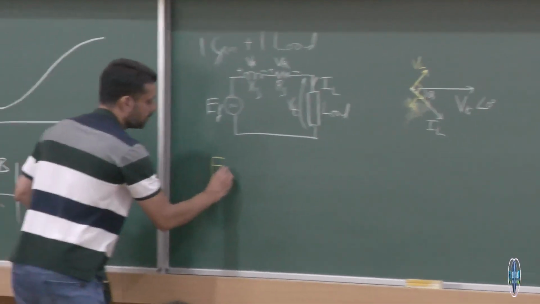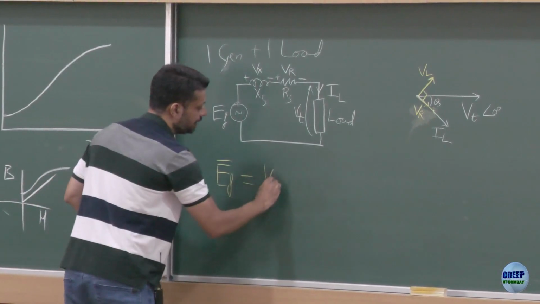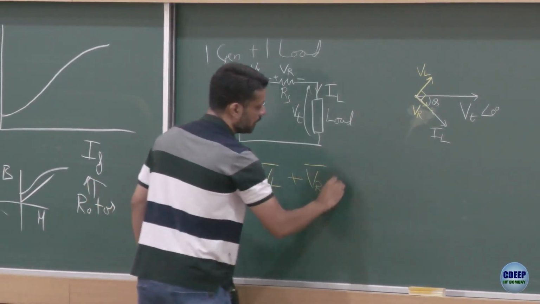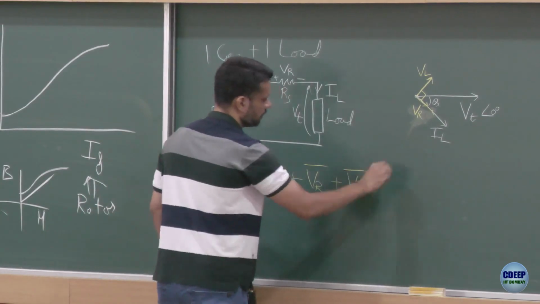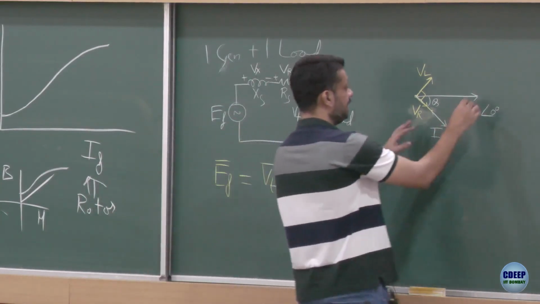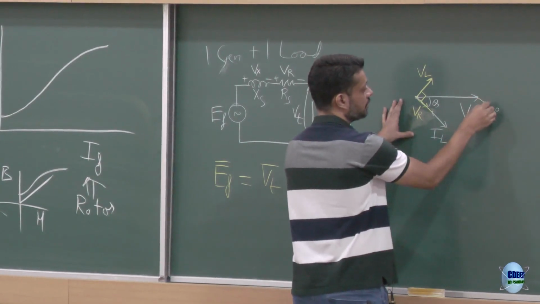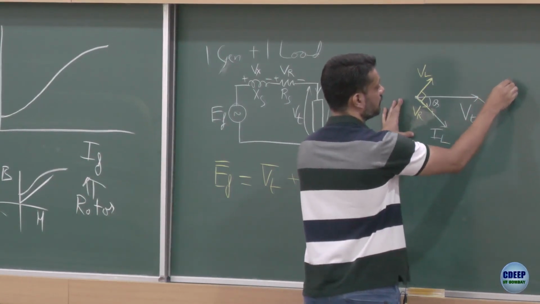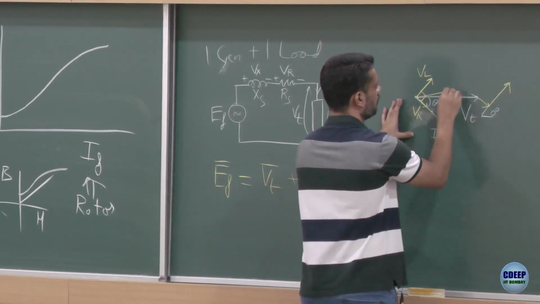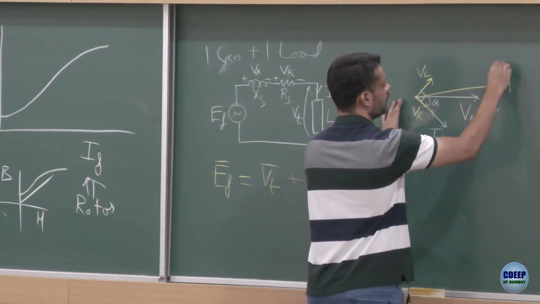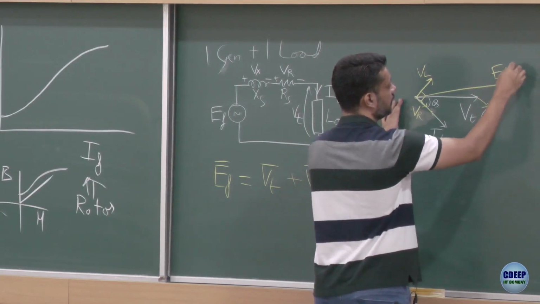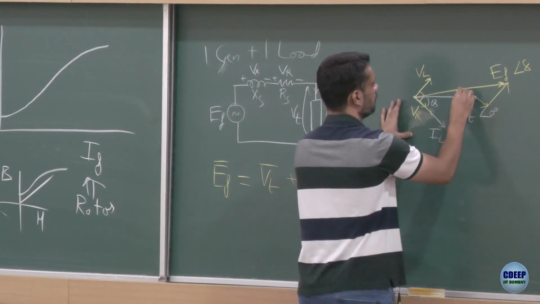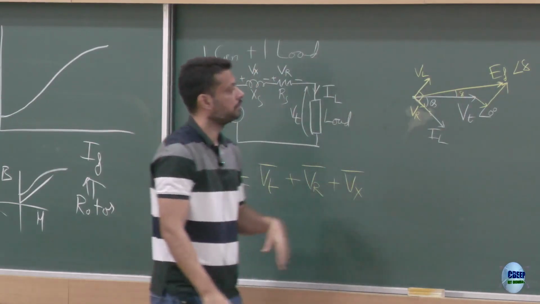EF vector equals VT vector plus VR plus Vx, which gives me EF at an angle of delta with respect to 0.